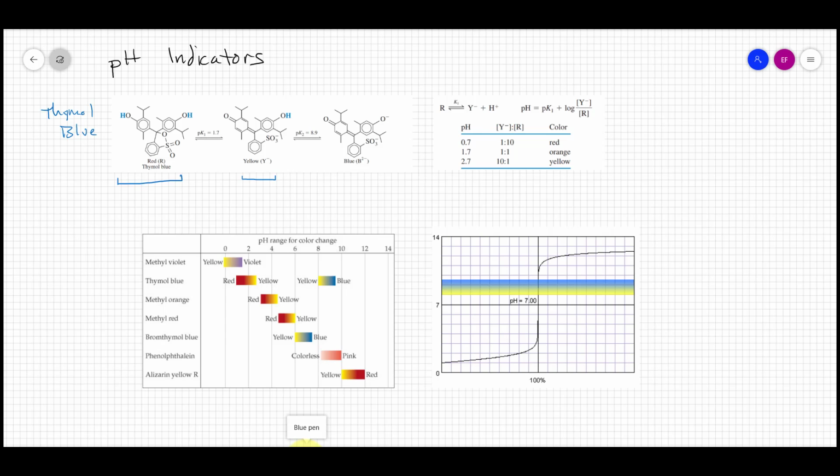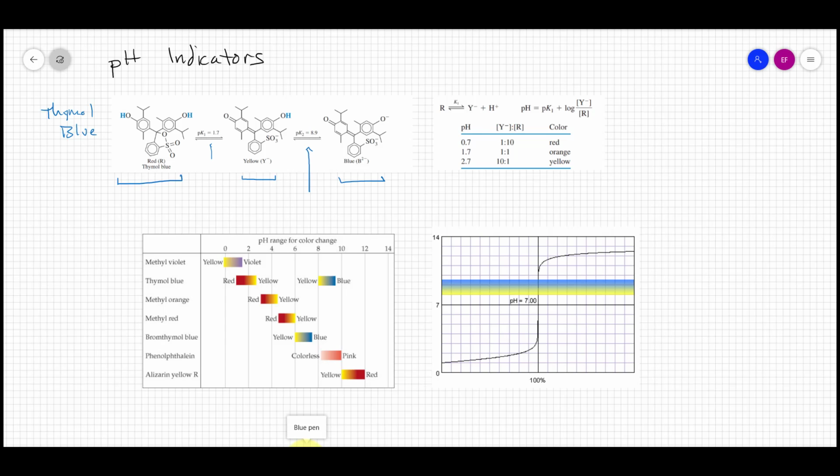And then the more important pKa, which is pKa2, is 8.9, and that's the transition between yellow and blue. If you've used Thymol Blue, you've used it because of its second pKa, because rarely, if ever, are you doing a titration of some acid or base that has a pKa this small. This is essentially a strong acid, so we're not typically titrating where the end point is 1.7.